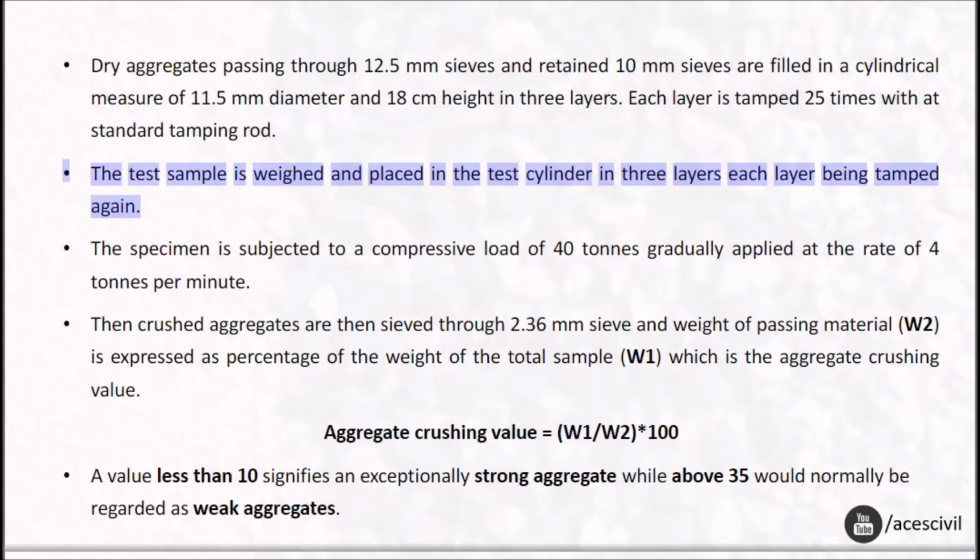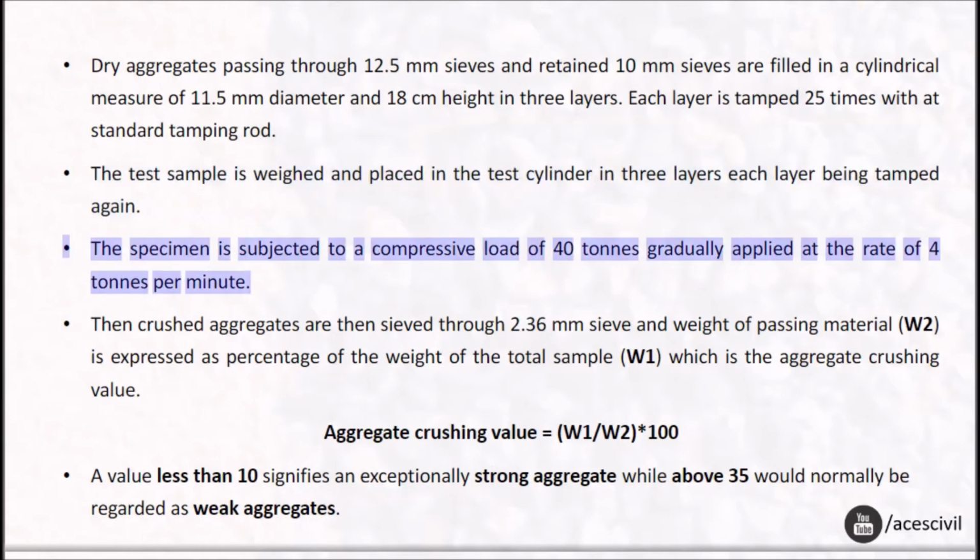The test sample is weighed and placed in the test cylinder in 3 layers, each layer being tamped again. The specimen is subjected to a compressive load of 40 tons gradually applied at the rate of 4 tons per minute.